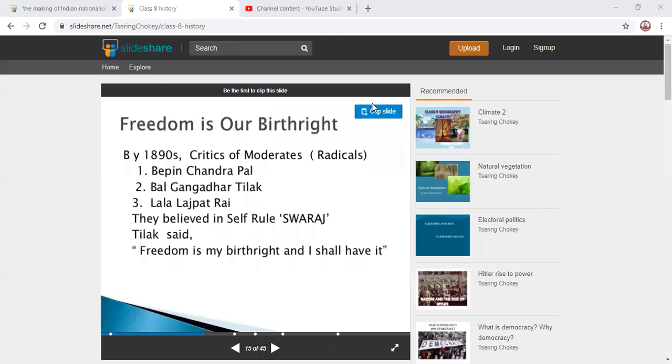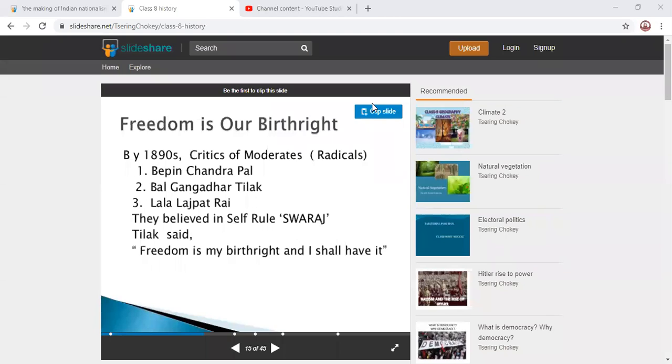They adopted more radical ways of political agitation and told the people to be bold, brave, and patriotic. They fought for Swaraj, meaning independence.